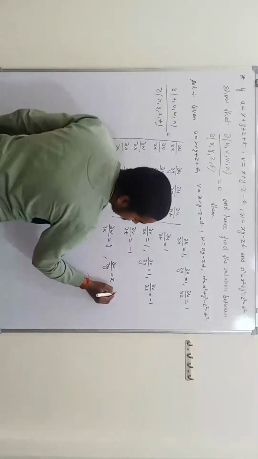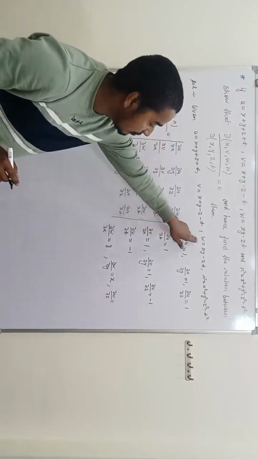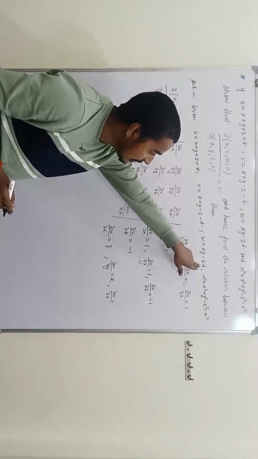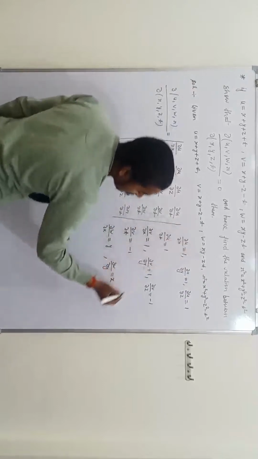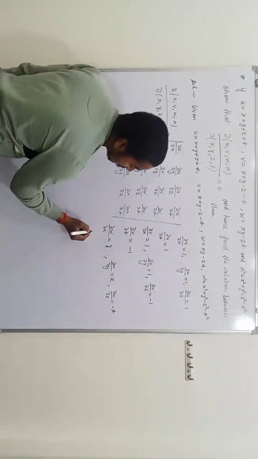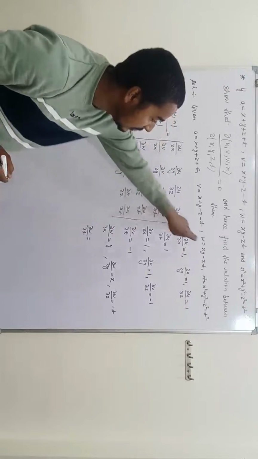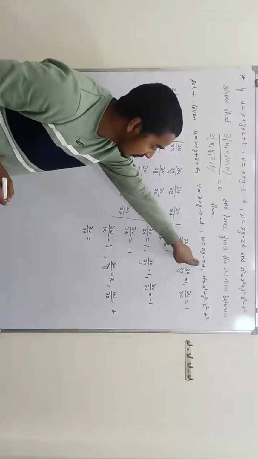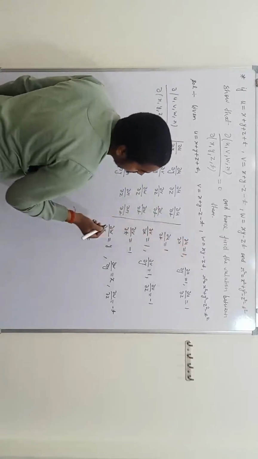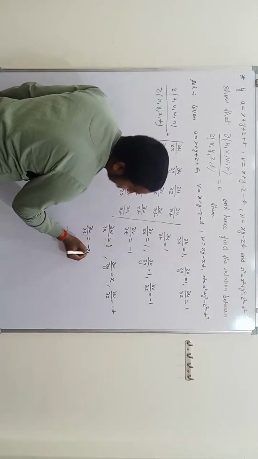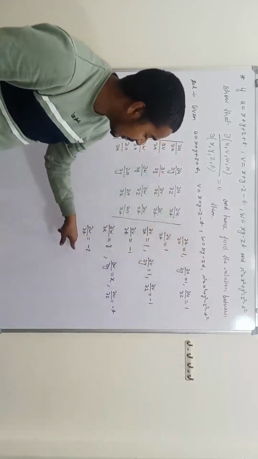Del w upon del z, differentiating with respect to z, taking t as a constant: here is minus zt, differentiating partially with respect to z, that is minus t. Further, del w upon del t, taking z as a constant: minus zt differentiating partially with respect to t is minus z.